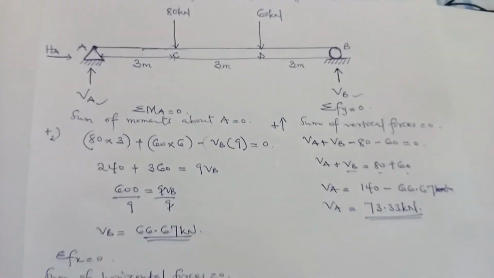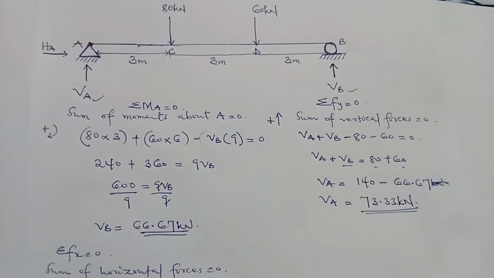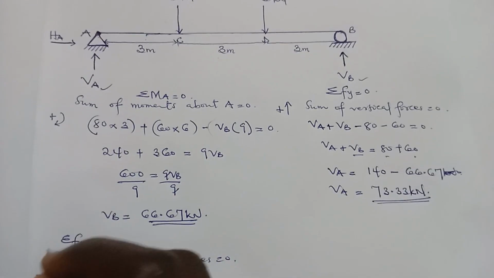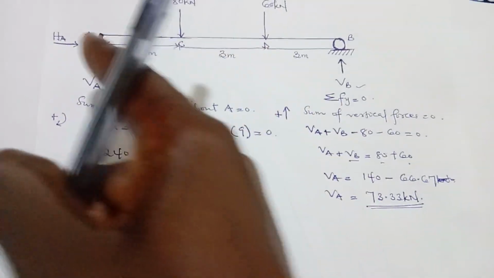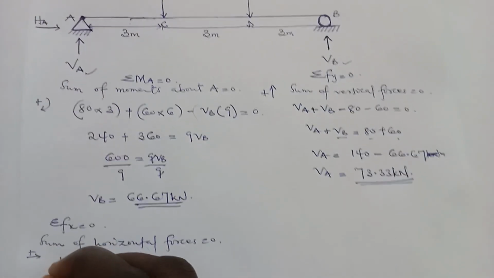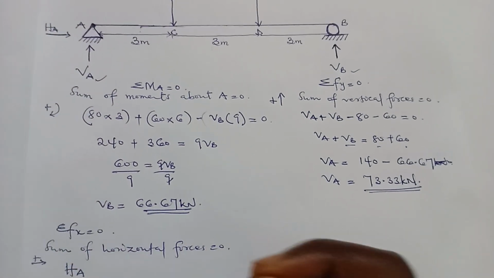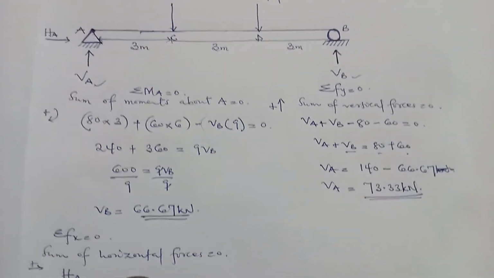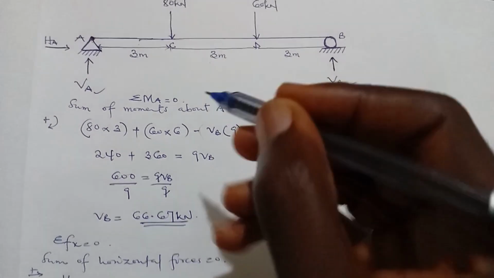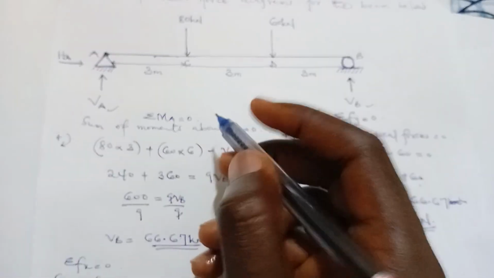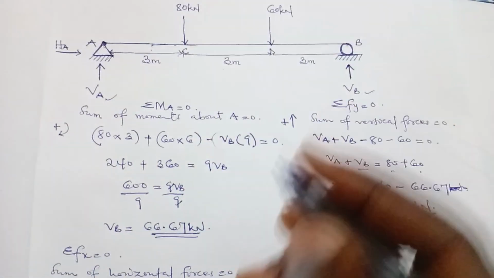HA is the only horizontal force. Let's take forces moving to the right to be positive. Because it's moving to the right, it's positive HA. That's the only horizontal force, so we equate it to 0. So we have found VA, VB, and HA.